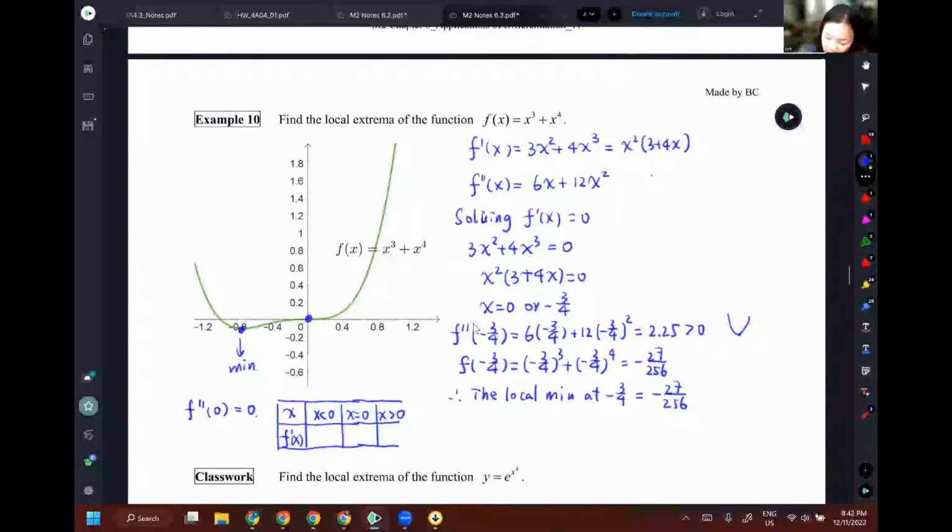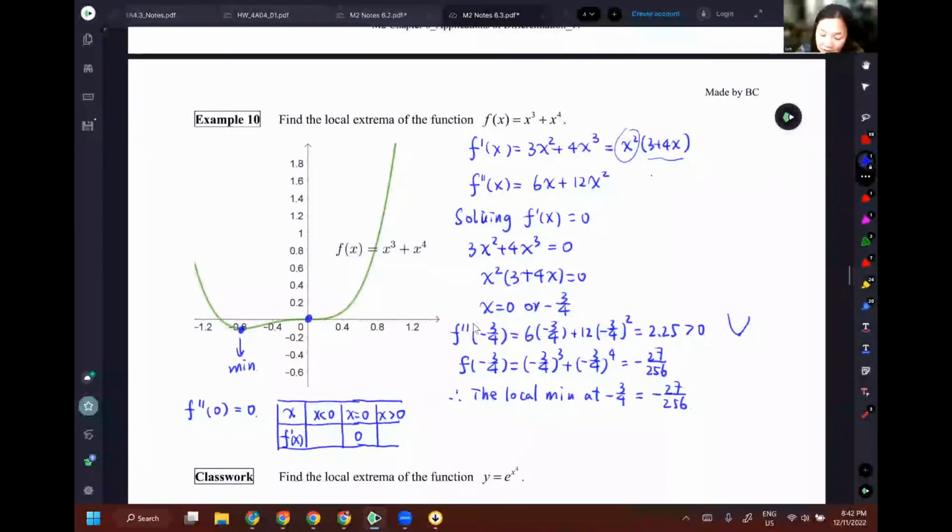So if x is smaller than 0, this is still positive and this is still positive, because x is very small. Smaller than 0 doesn't mean negative 1. Smaller than 0 means a little bit smaller than 0.